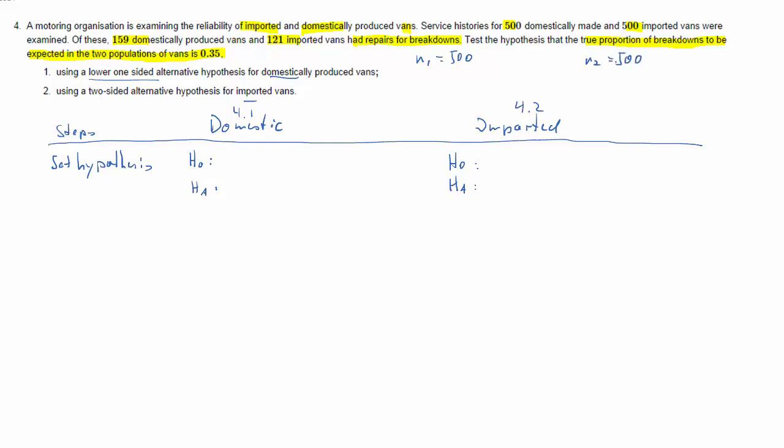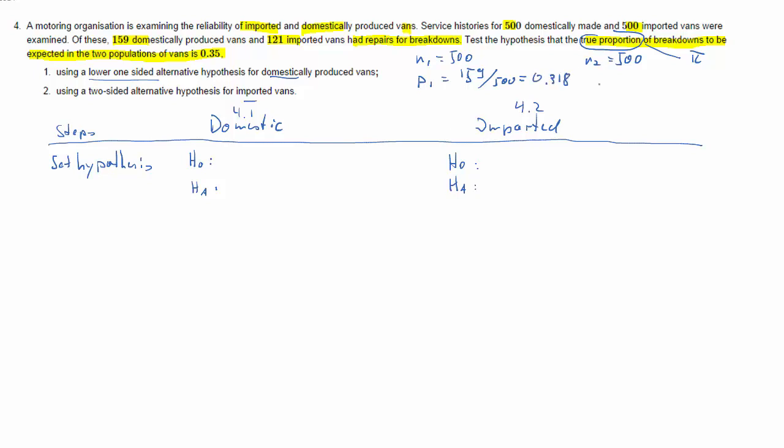We have two samples, one for each of the two groups, and they are both of size 500. They wouldn't need to be the same, but they are in this question. And what we are after is the true proportion, which I call pi, which is of course unknown, but we have sample proportions. In the domestic sample, that's the one with subscript 1, it's 159 out of 500.